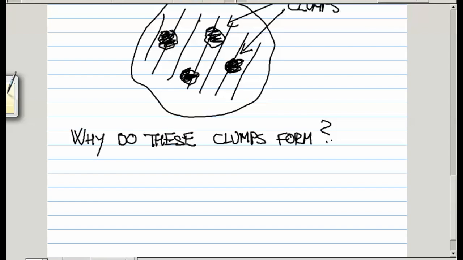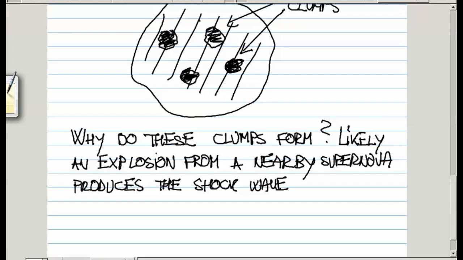And one possible scenario, although probably there are more, is that if there is a nearby massive star that ends its life in a huge explosion, a type 2 supernova, the shock waves from the explosion, as they pass through this cloud, create the clumps.